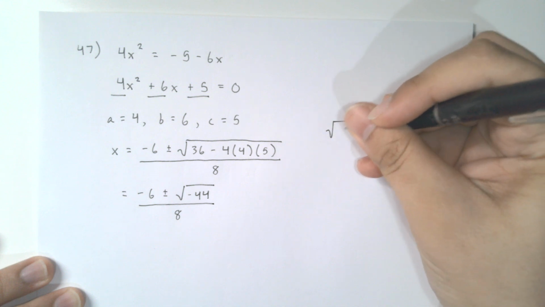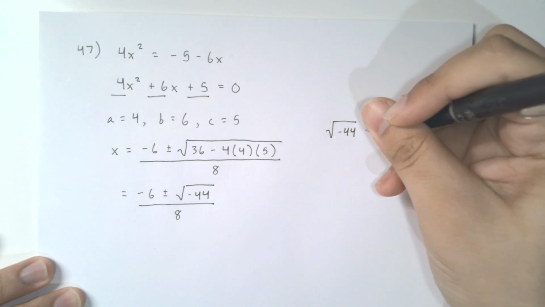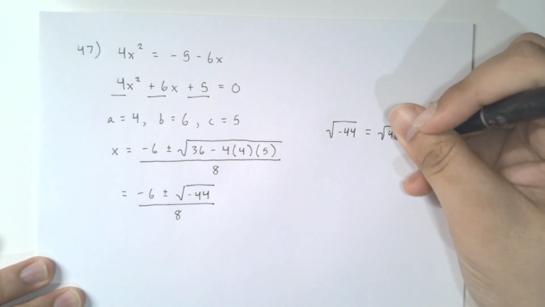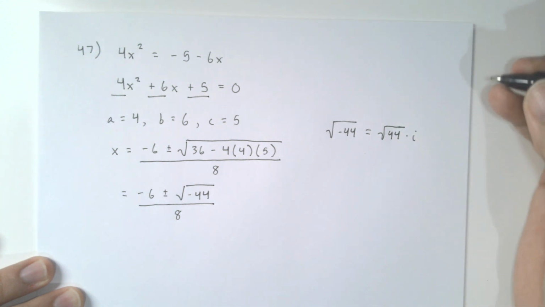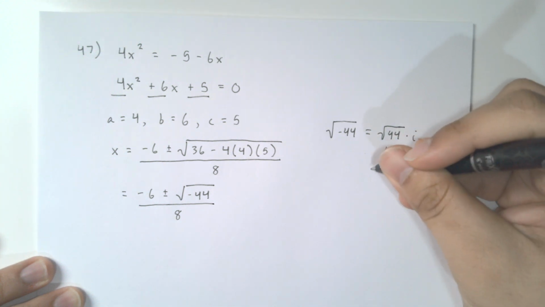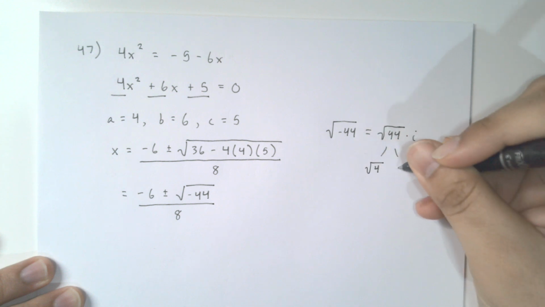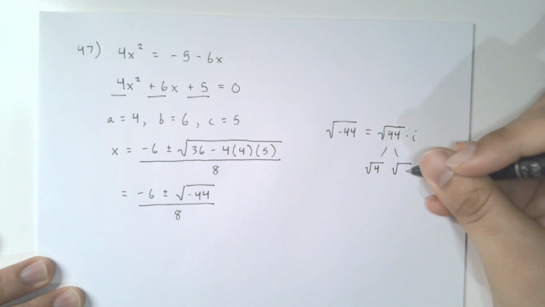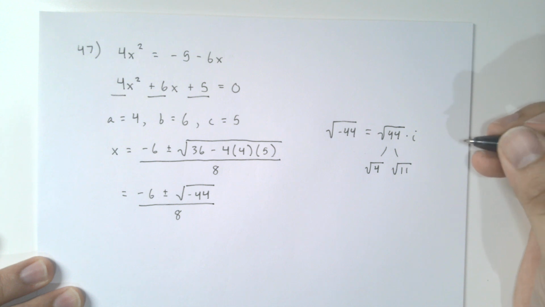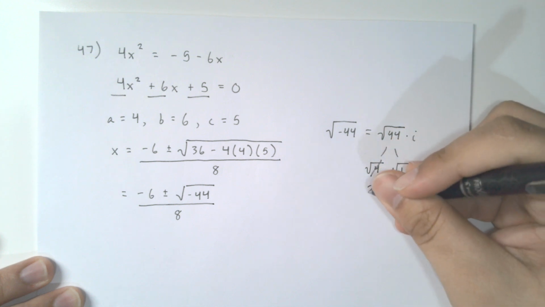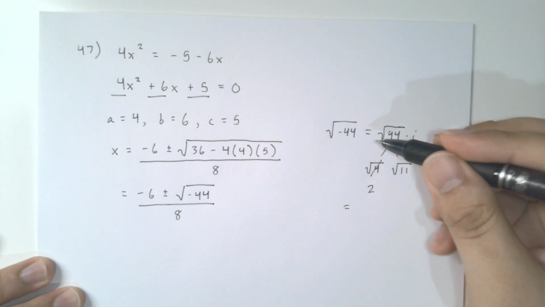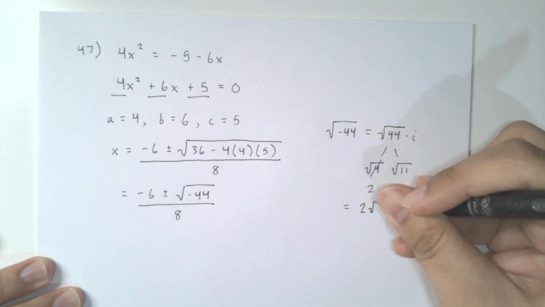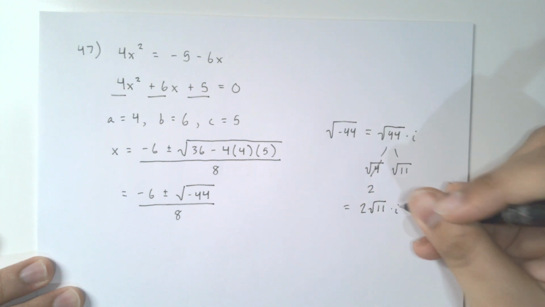And the square root of negative 44, again, we have the square root of a negative number. So this is the square root of 44 times i. And square root of 44, I think it's pretty clear, is divisible by 4. So we get 4 and 11. Square root of 4 is 2, meaning that our square root of negative 44 gives us 2 square root of 11 times i.